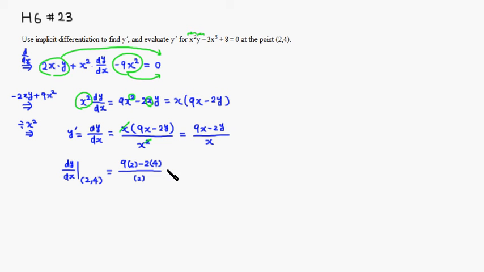The 2's cancel, and it's going to be 9 minus 4, which is 5. So this is the value of the derivative at (2, 4), and this is the formula for dy over dx.